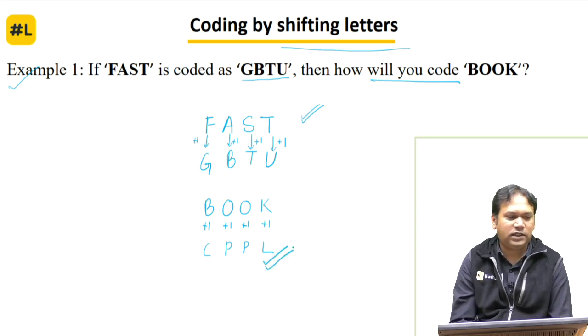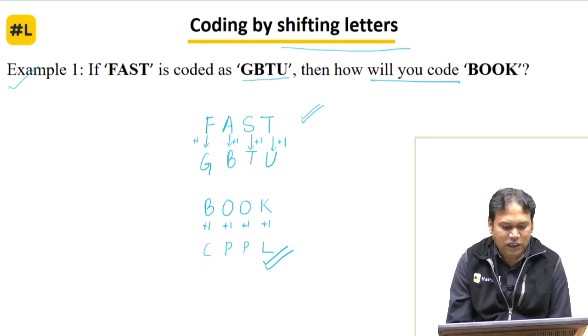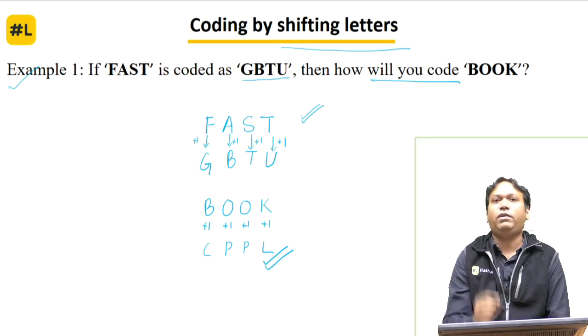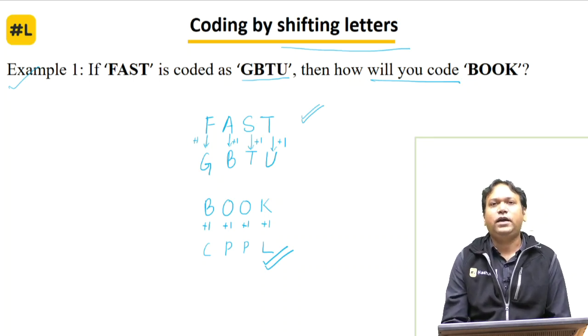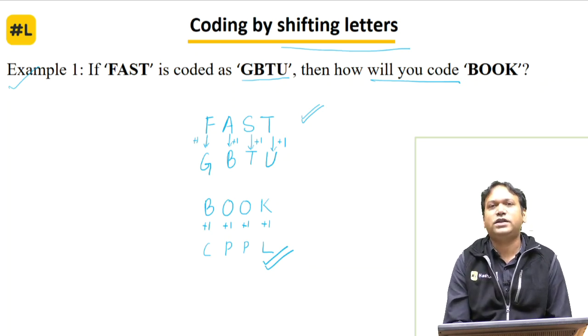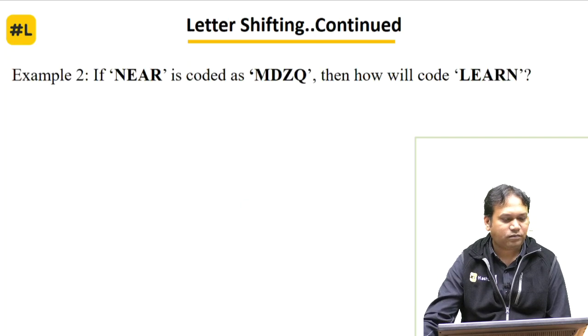The answer is CPPL, 2 P's, not 3. So, Pankaj, you have solved, but you have written 3 P's. CPPL. So, very basic example, but we are starting from the basics, right. Then we will learn the advanced, then you will practice with the questions and you will become perfect. Okay. So, I will go to the next slide now.